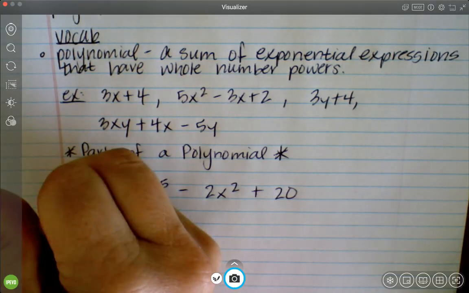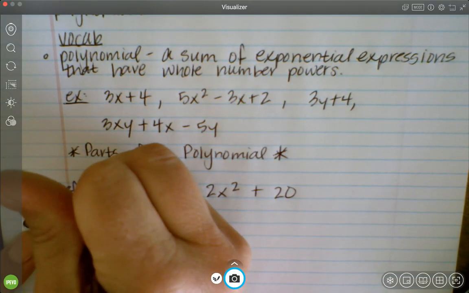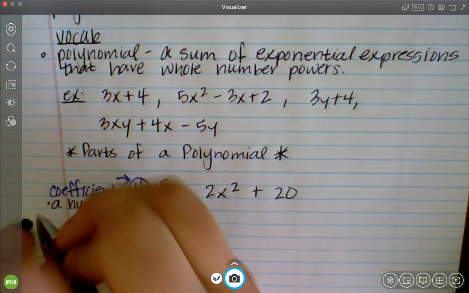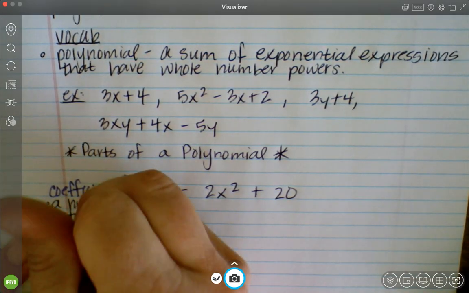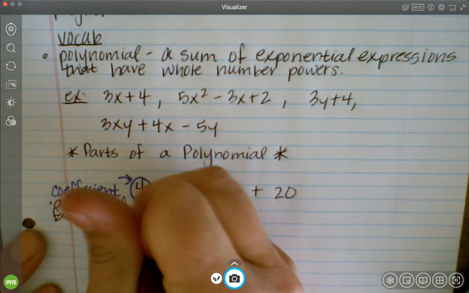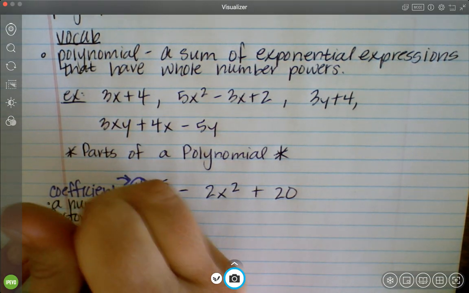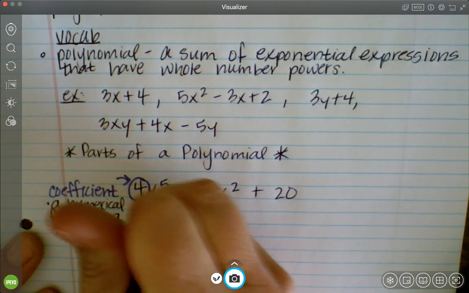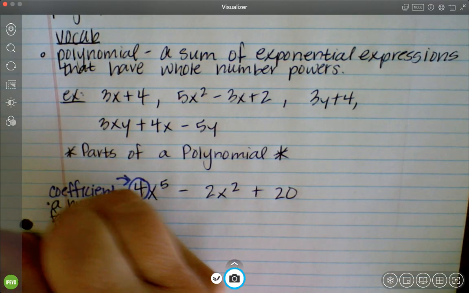And a coefficient is a numerical factor of a term. And it's in front of a variable.